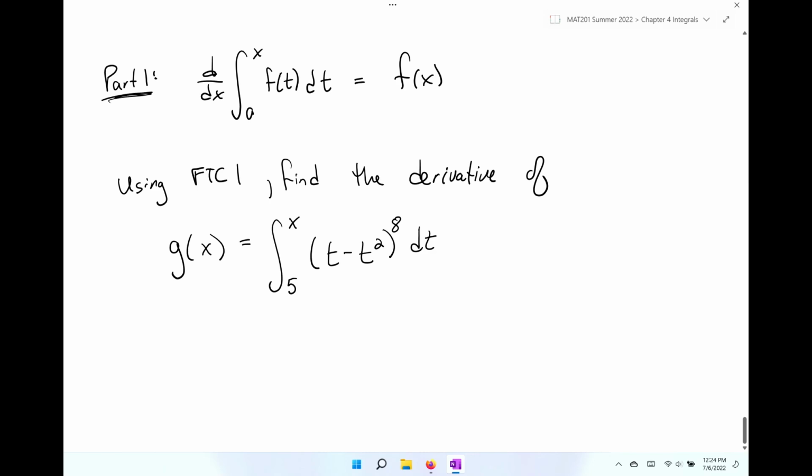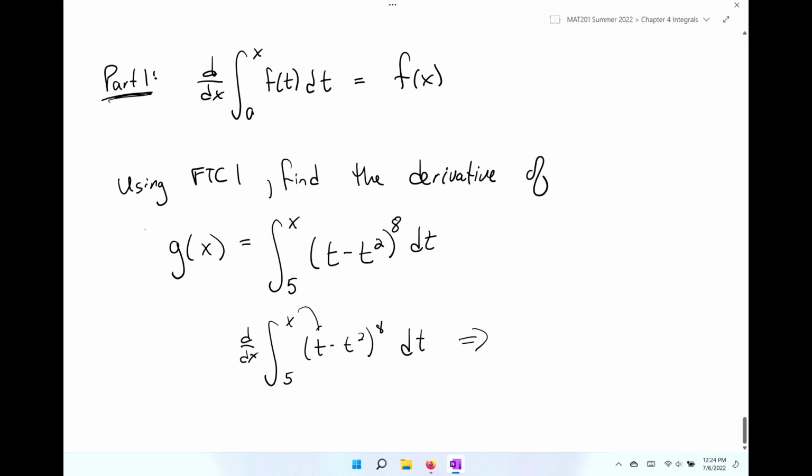If you look above where I have Part 1 written, what we're really doing is taking the derivative of this, and all we're doing is substituting the x, because the derivative and the integral, in a sense, kind of cancel themselves out.